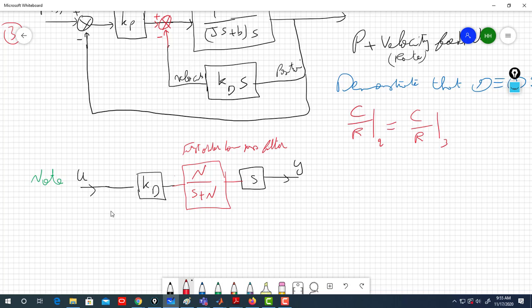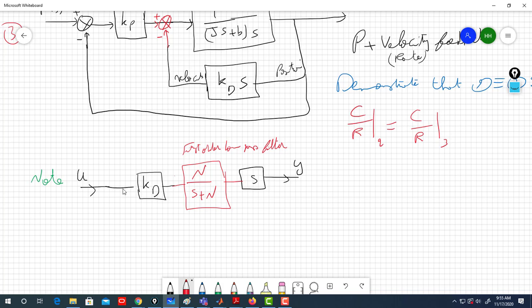This is needed to filter the noise, but also to make the system physically realizable, because you don't have a system where the degree of the numerator is more than the degree of the denominator. In this way you have equal degrees, a physically realizable system. Also it has the advantage of filtering the noise.